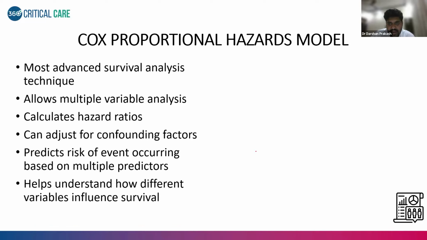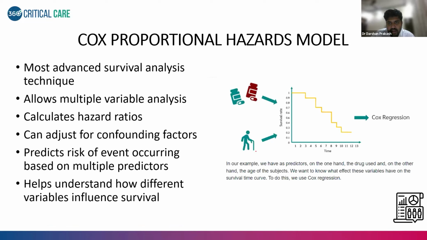For example, a simple understanding we can take is, what is the effect on survival depending on the drugs and the age? Okay, so if you are taking these two as the independent variables, what is their effect on the survival rate, predicted using a Cox regression model.